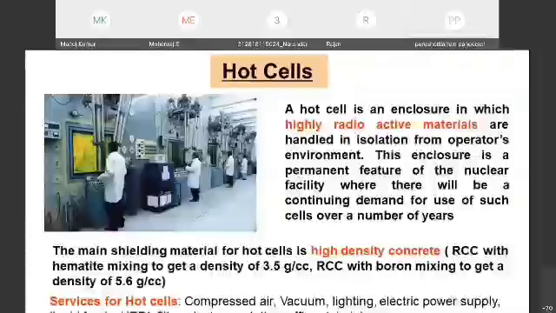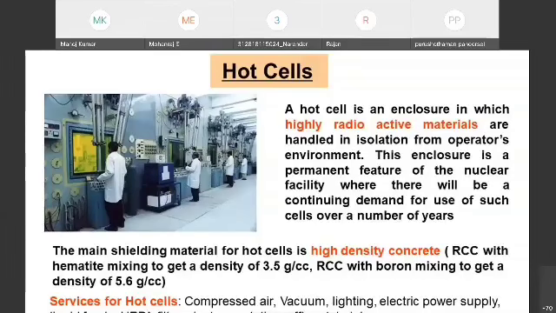Next is nothing but the hot cells. Here the radioactive materials which are taken out from the reactors have a very high dose of radiation. Generally, if some experiments have to be carried out, after taking out from the reactors, it will be cooled in water with all special care for many years.